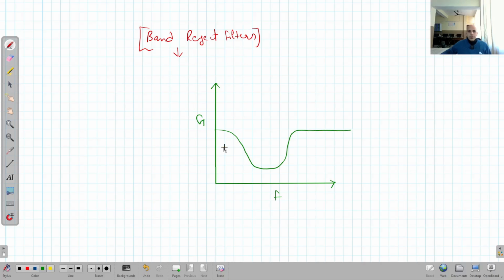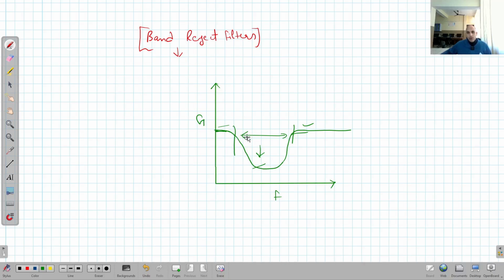You can see this particular range of frequencies is going to be rejected because in this region the gain is very low. Whereas if we go toward this side, the gain is stable and higher. It is maximum. A filter that has this type of frequency response is called a band reject filter.